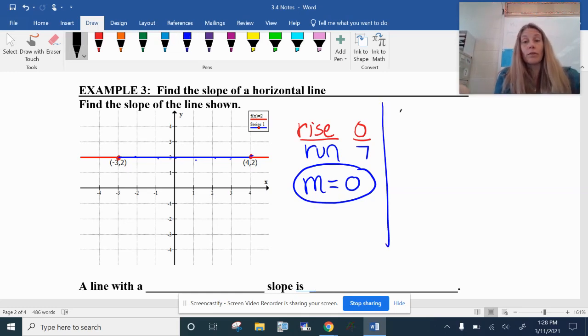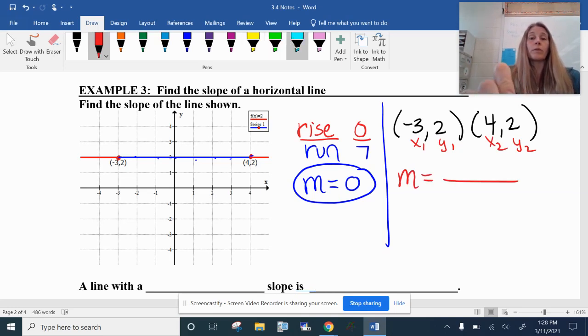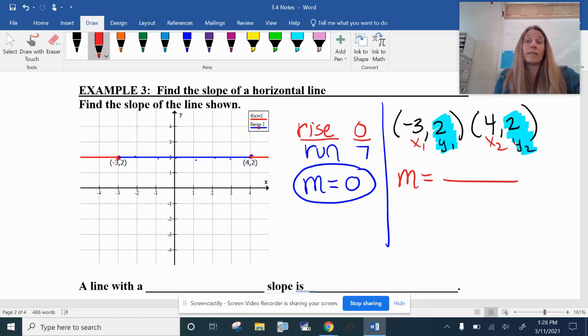So let's see what that would have looked like if I used my 2 points in the slope formula. So if this was x1 and y1, x2 and y2. To use my slope formula, I would, of course, first look at my 2 y values and decide how I'd like to subtract them. Well, in this case, it doesn't really matter because they're both the same.